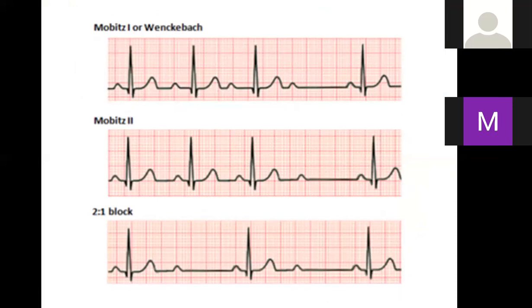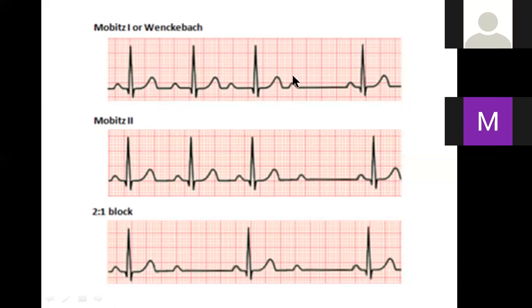This is Mobitz 1, or Wenckebach phenomenon. The PR interval gets longer and longer, and the QRS complex suddenly drops.